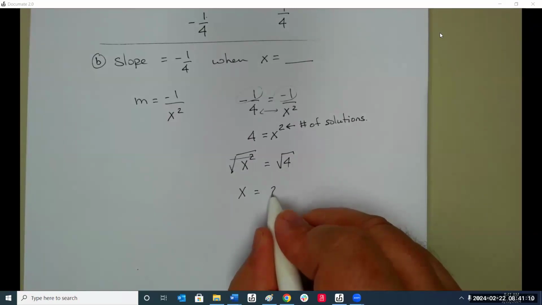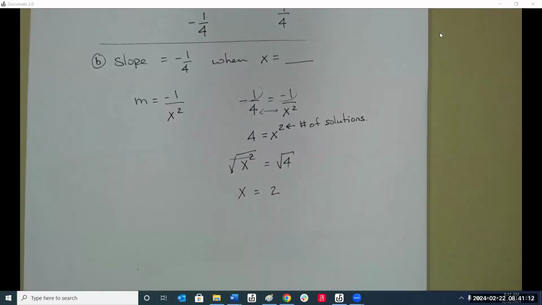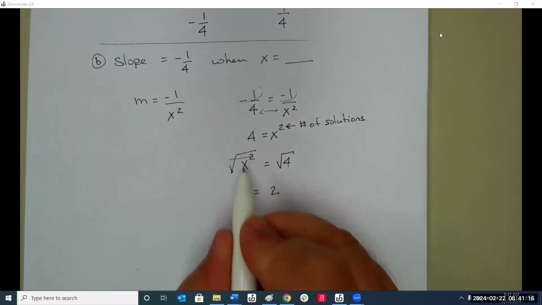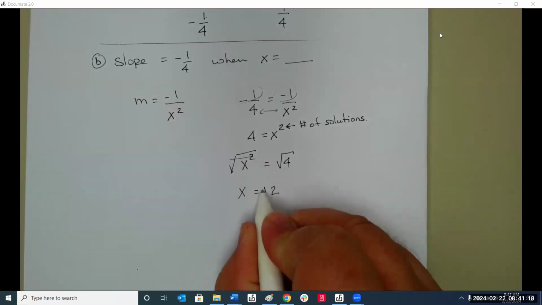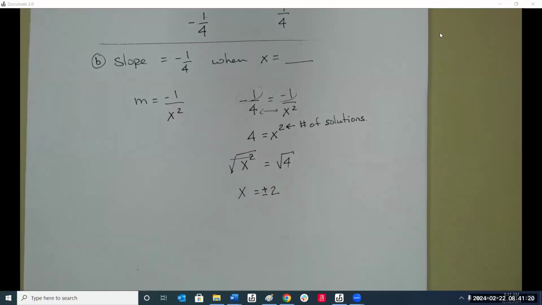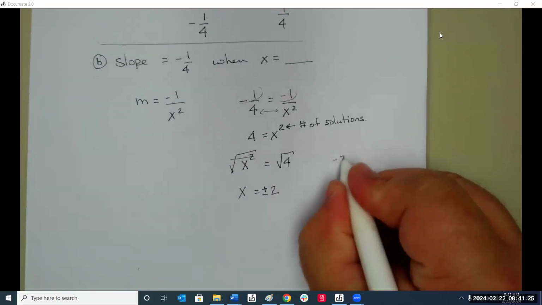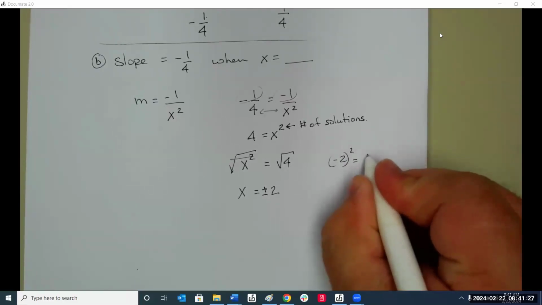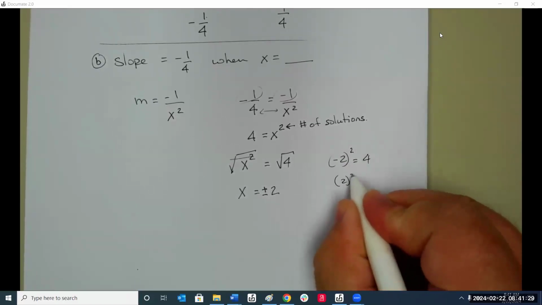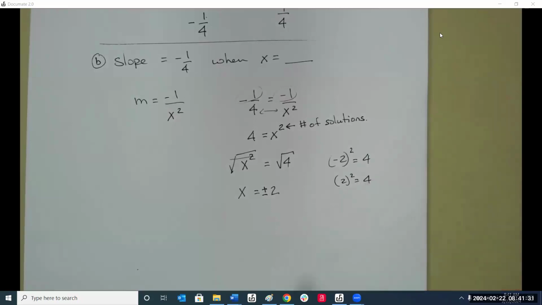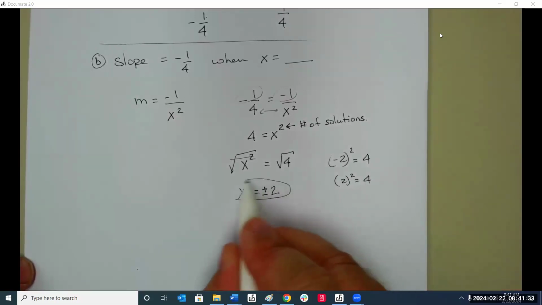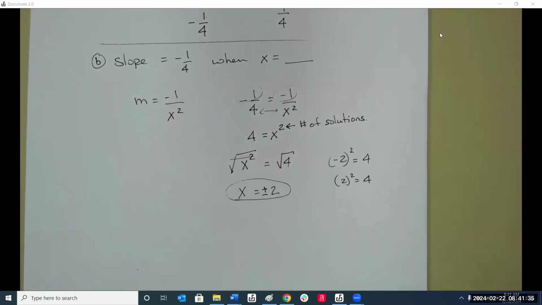Square root of 4 is 2, but that's only half right. Whenever you square root a squared term, that value can be positive or negative. Because -2 squared equals 4 and +2 squared equals 4. So our function is true whenever x equals 2 or -2.